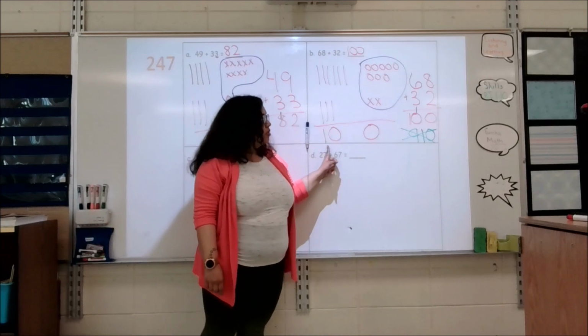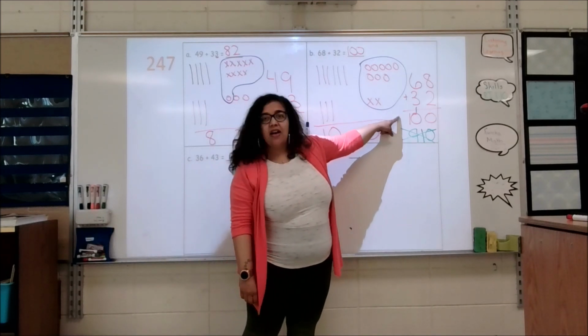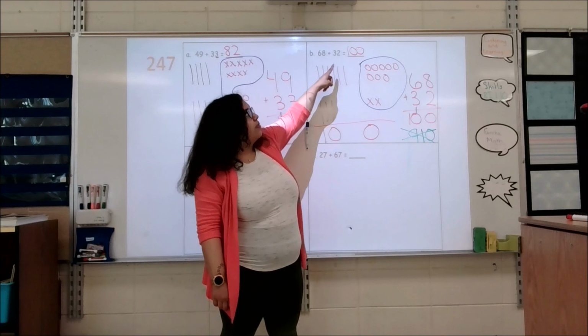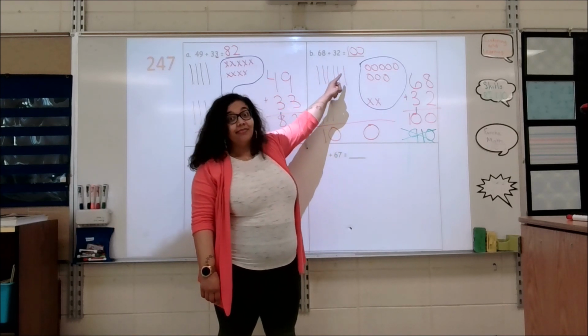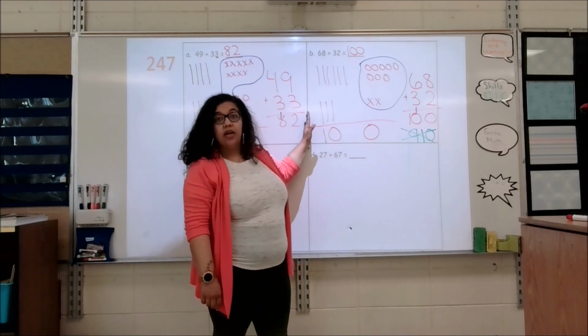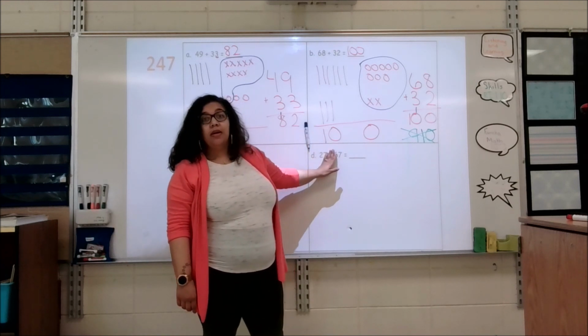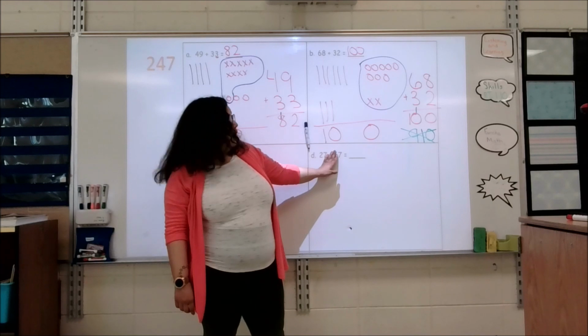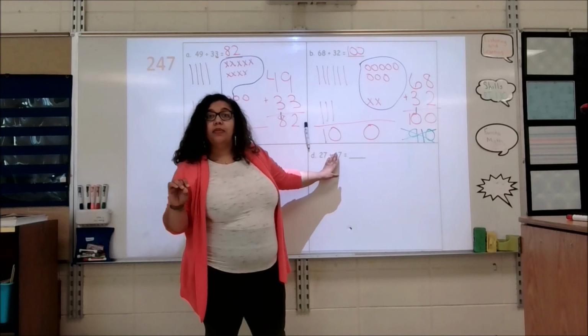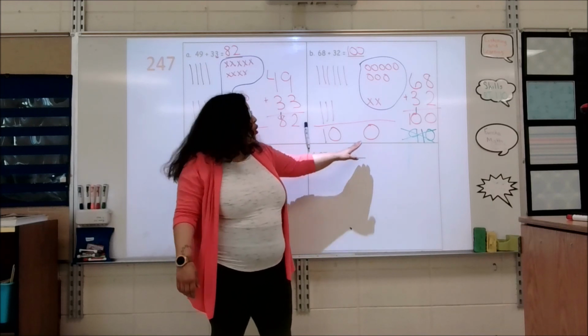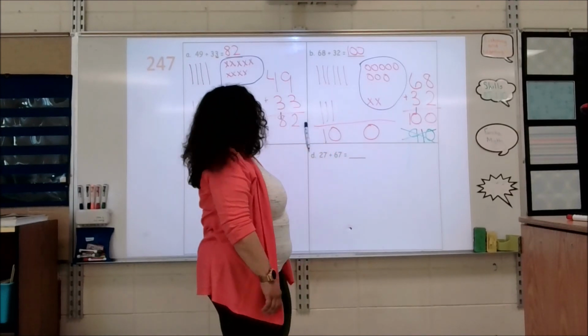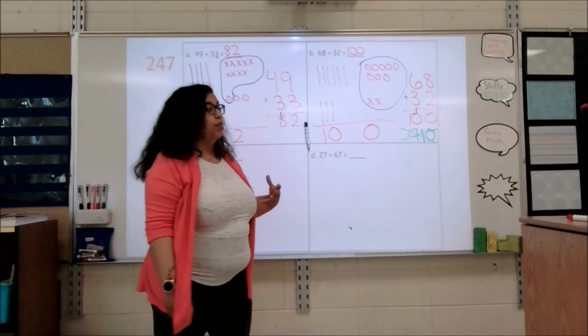However, having these 2 digits here does not change the value of my solution. It doesn't make my answer wrong. Now, if I had some in the hundreds place, yeah, that would be a problem. But for our first grade purpose, this is 10 tens, which is also 100. 10 tens is equal to 100.